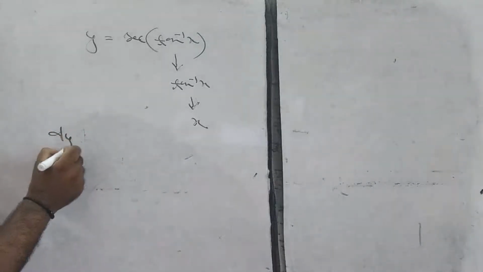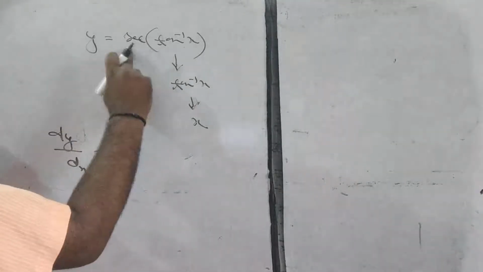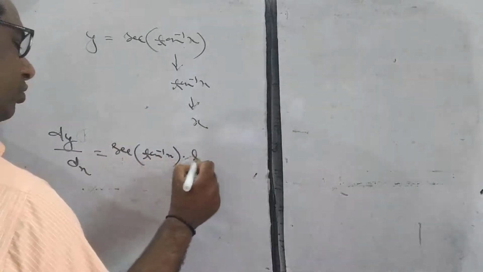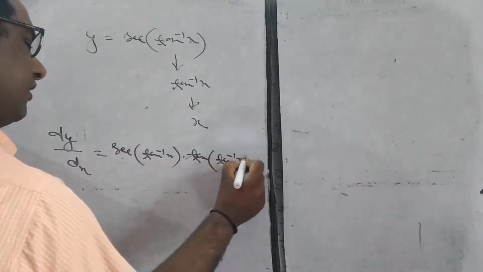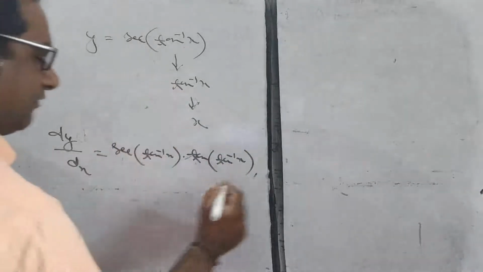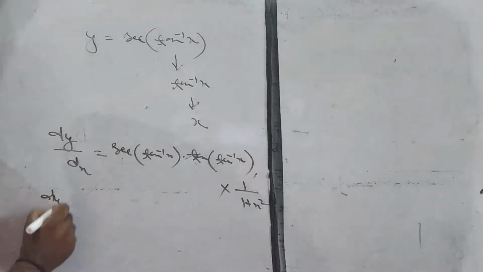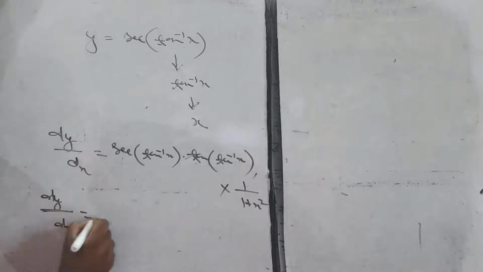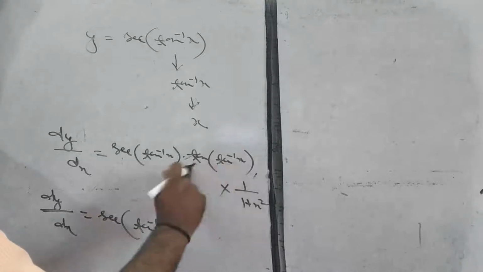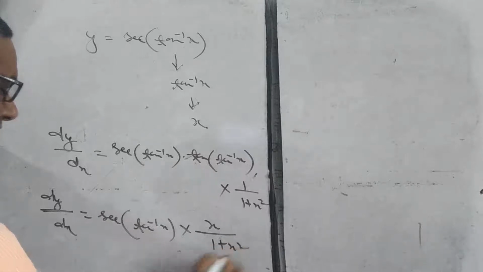So we can write dy by dx is equal to, first of all, the differentiation of sec theta, so sec tan inverse x into tan inverse x into the differentiation of tan inverse x, 1 by 1 plus x square. Now dy by dx is equal to sec tan inverse x into x upon 1 plus x square.